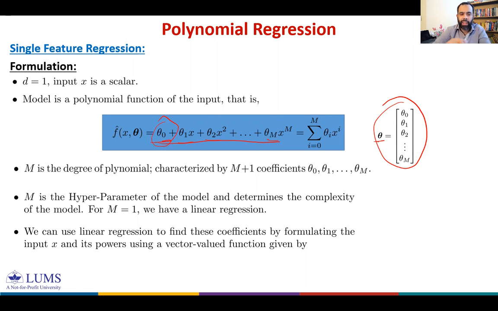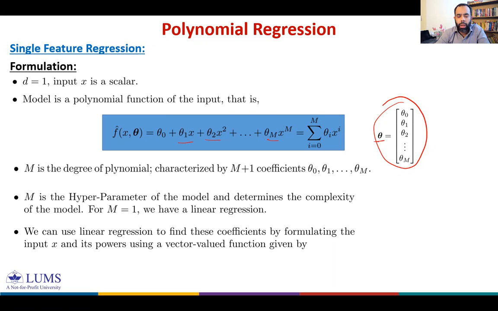We only have powers with the input variable. We have input to the power 0, and to the power 1, 2, and so on up to power m. If I somehow reformulate my inputs such that I can split my parameters and inputs, I can represent my model as a linear model, or what we call linear in parameter.